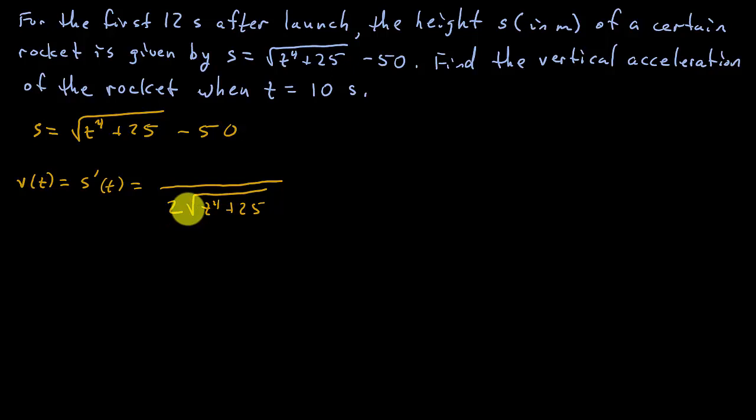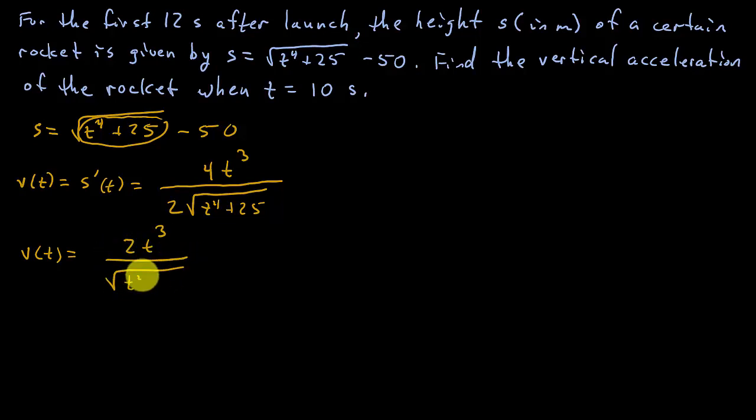That's every time. And then what goes in the numerator? Well, the derivative of what's underneath the square root. So what's the derivative of this? 4t cubed. And so I get v of t is equal to 2t cubed over the square root of t to the fourth plus 25.